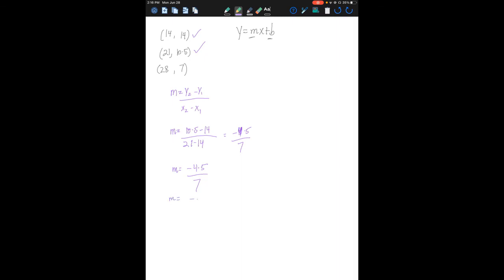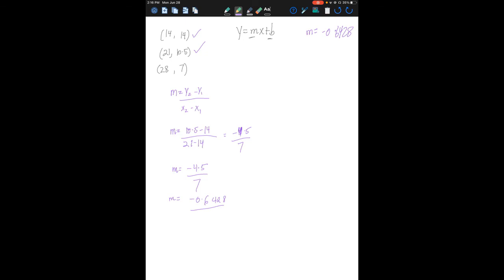But just for the sake of it, I did it in decimal and I received this answer. Negative 0.6428 is the slope of the graph we're looking for. That's our m. Now the next thing we're going to be doing is looking for the b, which is the y-intercept.